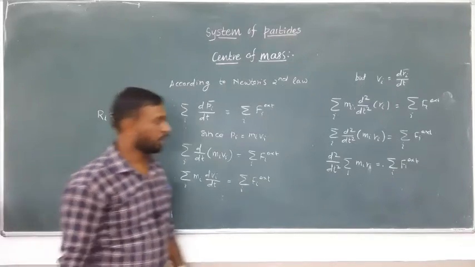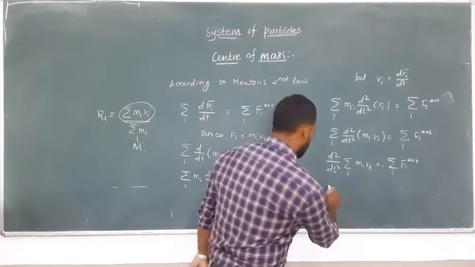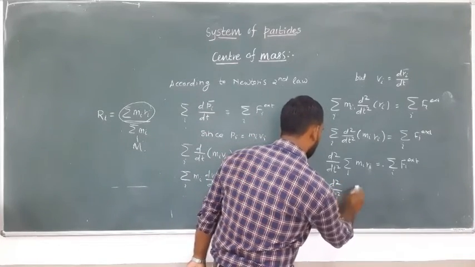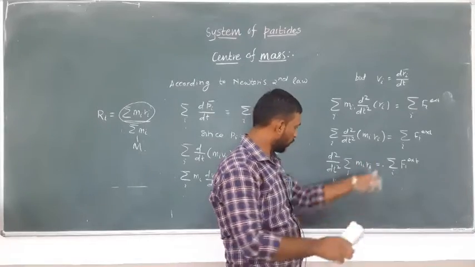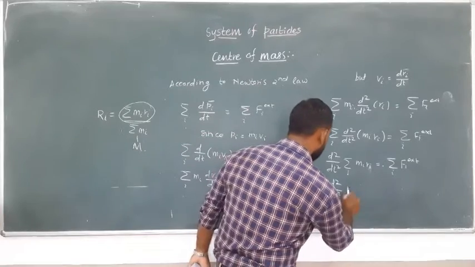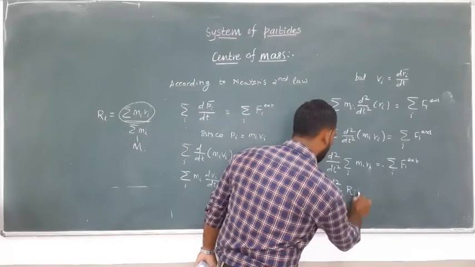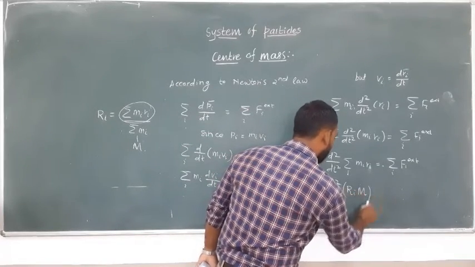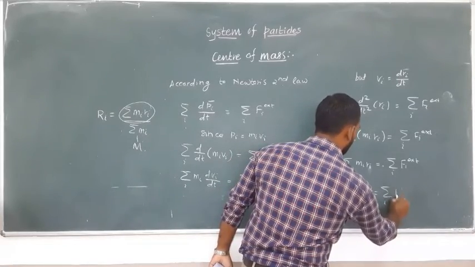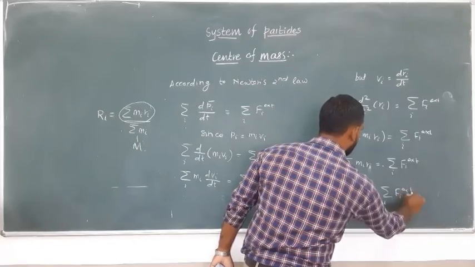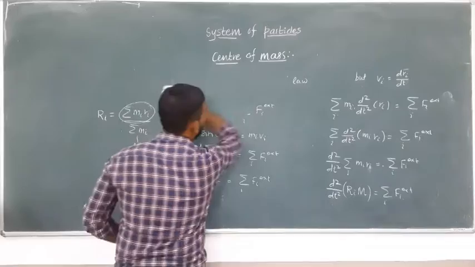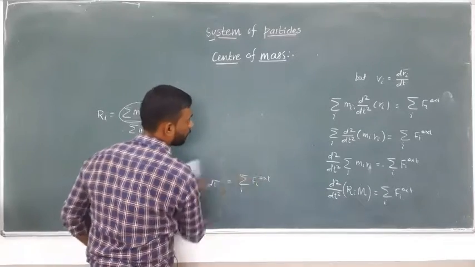R into M, capital M. So d2 by dt square, I replace this whole summation sign with this notation, so R times capital M is equal to summation over i F_i external. So I can modify this equation in the easiest way.